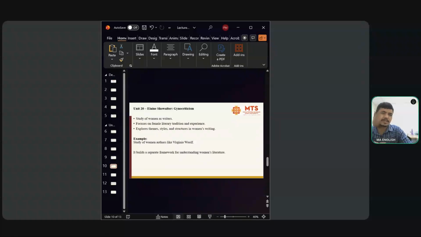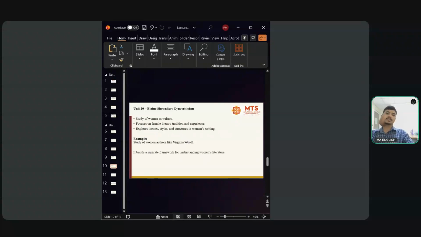Now, what exactly is gynocriticism, and how is it different from the feminist poetics we just discussed in the previous slide? While earlier feminist criticism was often reactive, that is, it focused on exposing and challenging how women were misrepresented in literature written by men, gynocriticism takes a different and more constructive direction.